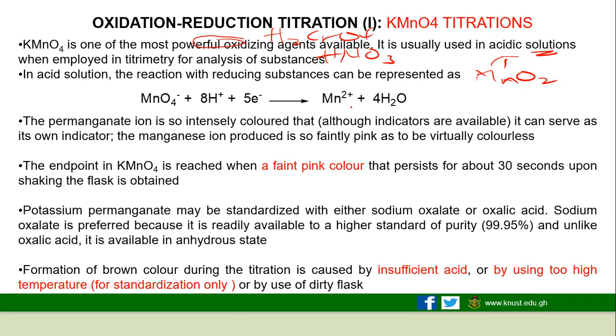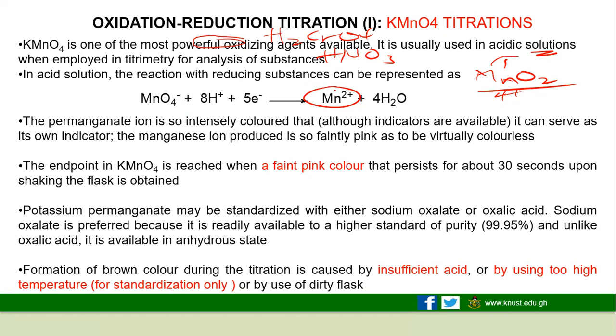If there's no acid, the reduction will take us to Mn4+ instead of Mn2+, so we add acid so that we can prevent the formation of MnO2. The last thing is that the acid becomes a catalyst to the whole reaction. So that is that for that.